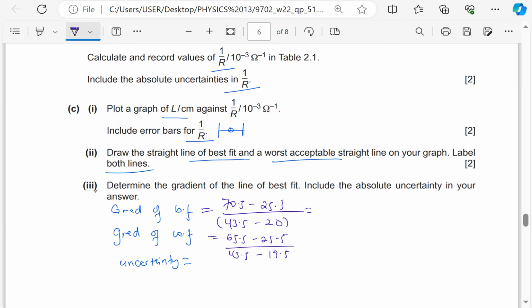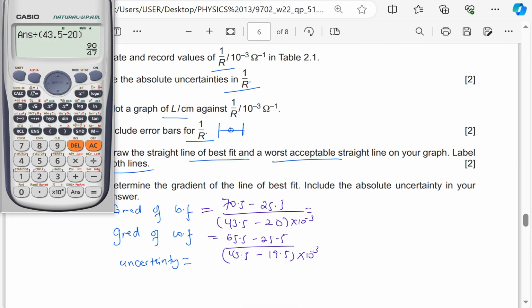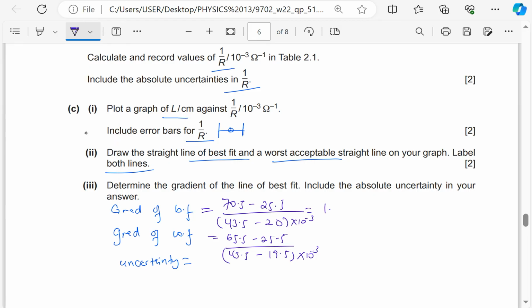So I should not forget that, times 10 to the power of minus 3. So that is the answer, divided by 1 exponent minus 3. So this is giving us 1.91 times 10 to the power of 3.